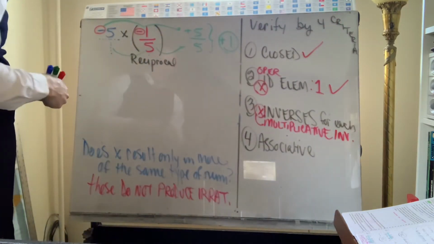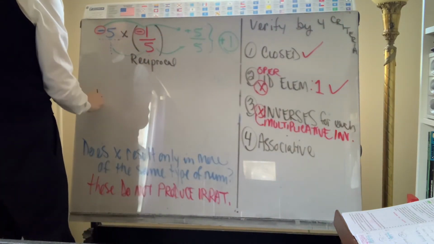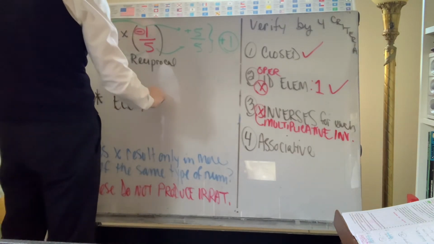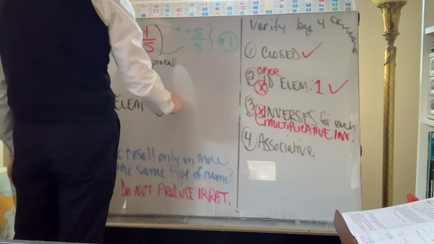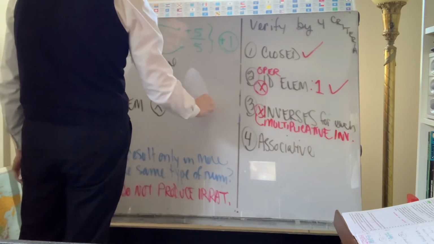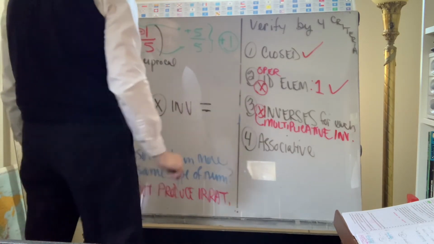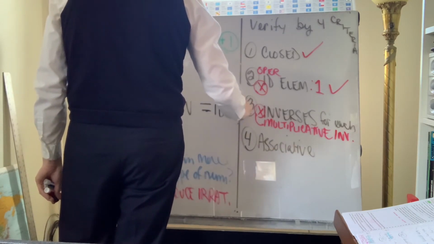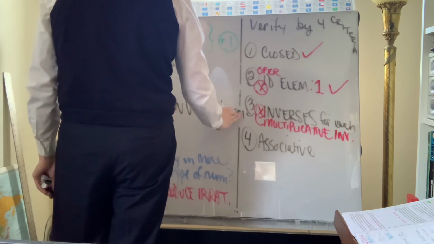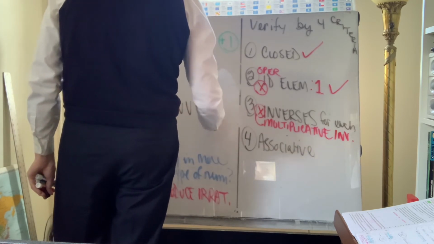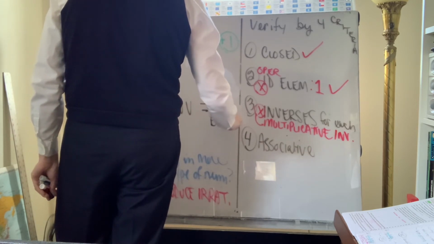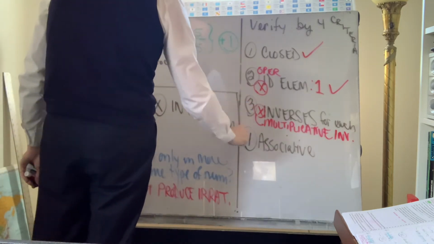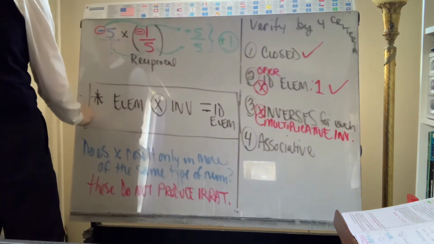If this formula is true, that an element times its inverse should produce 1, what would happen if we incorporated 0 here?